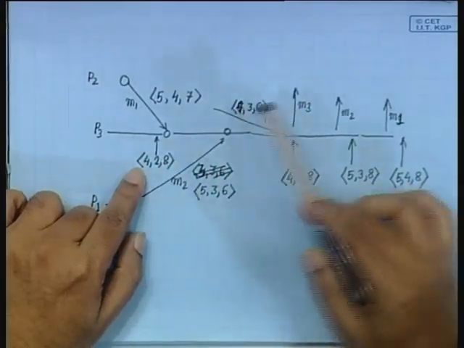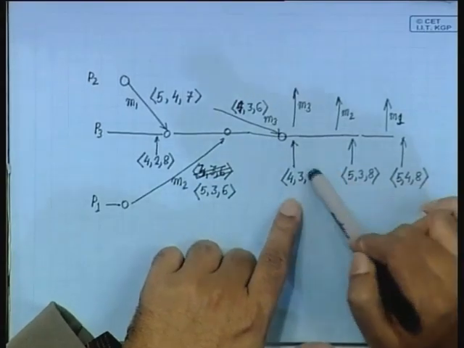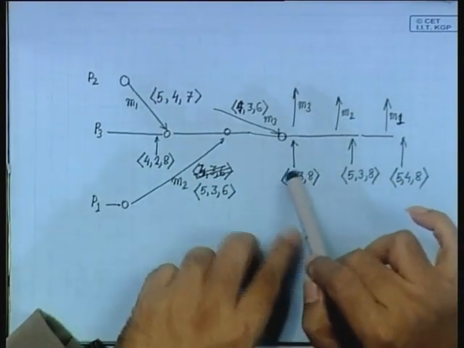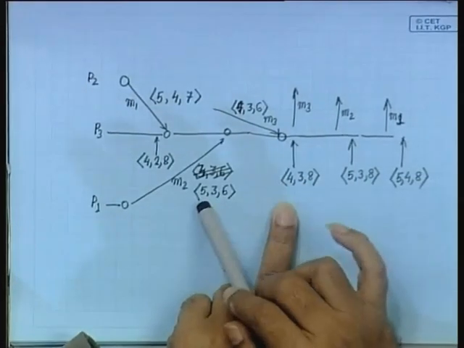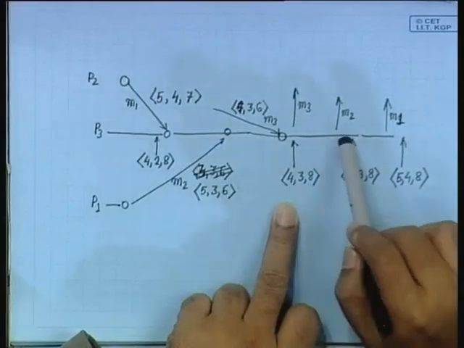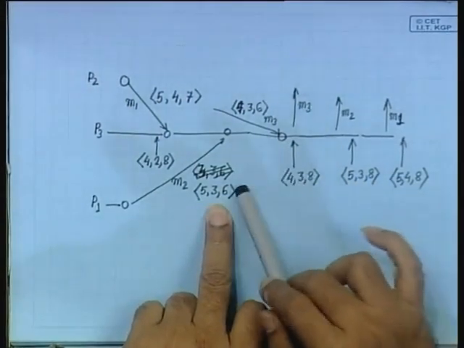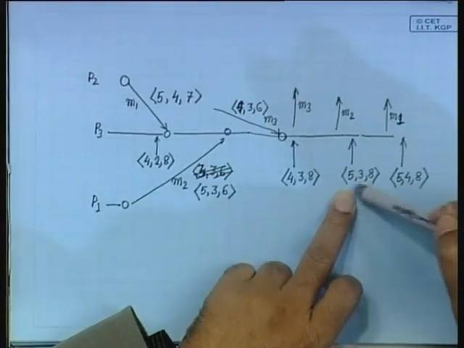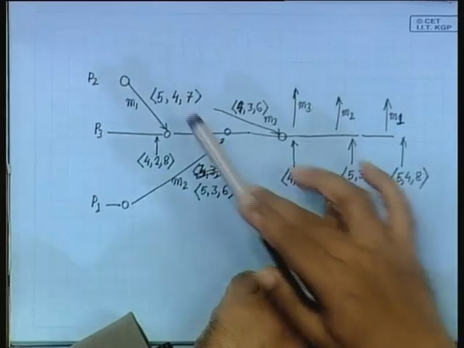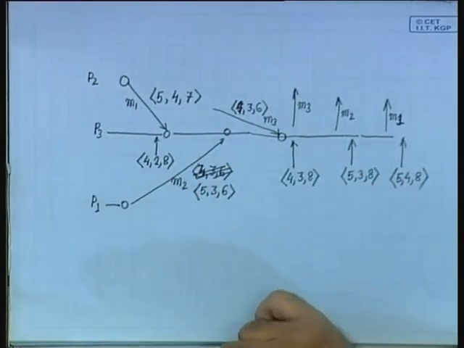So max of these two is 4, 3, 8, and when we arrive at this value of the clock, now it satisfies the delivery requirement for M2. So we deliver M2 and then again update the clock by taking the max of these two, right. And then again we see that given this value of the clock, it satisfies the delivery requirement for M1. So M1 is delivered and this is the final value of the clock.